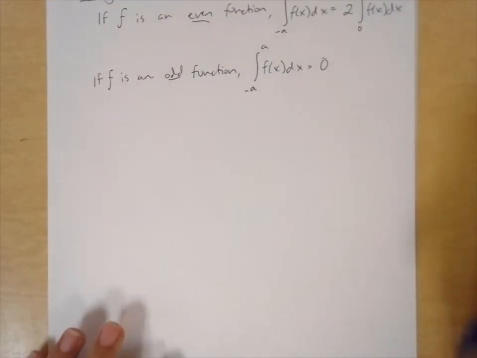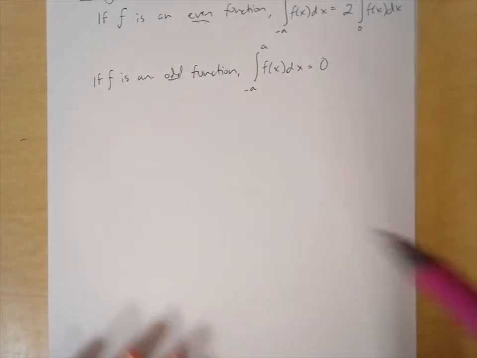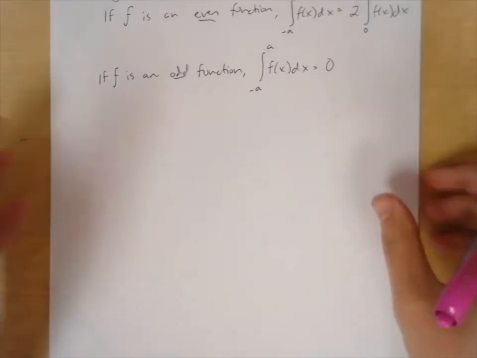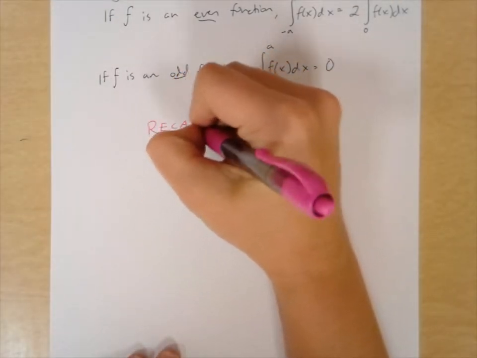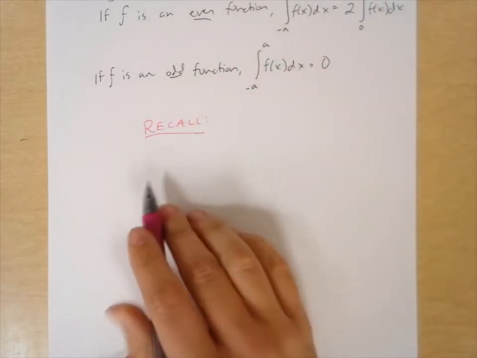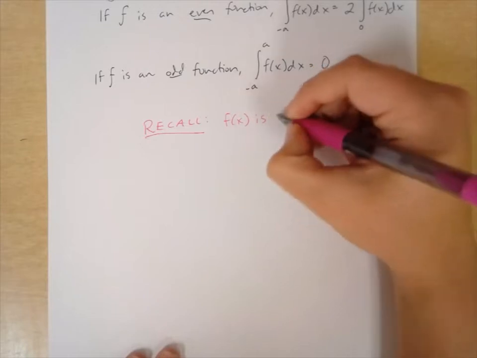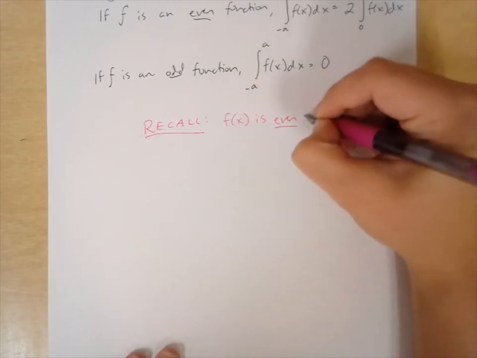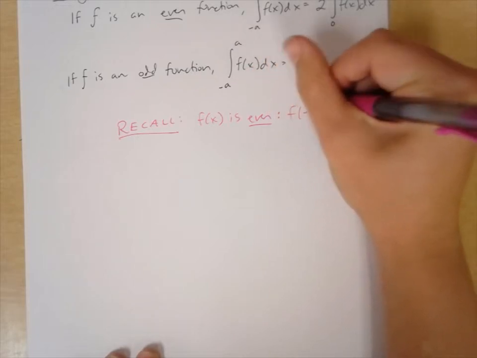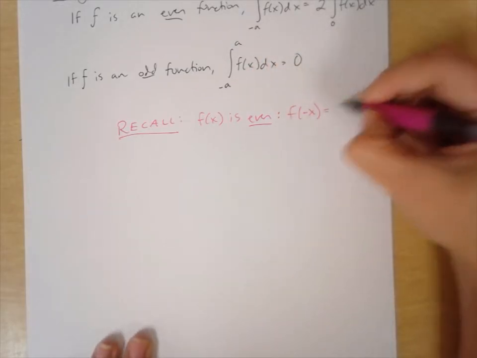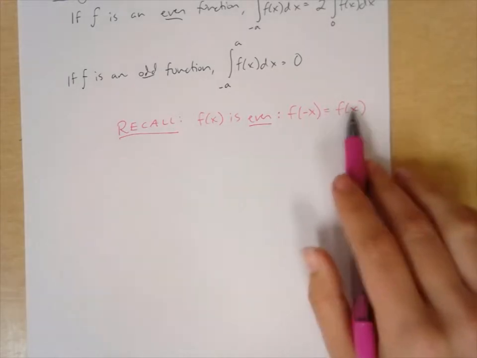And I want you to recall what even and odd mean, because I don't know that you would remember that. And I know we last reviewed it like the first week or two of school, so it's been a while. But here's what it means. F of x is even if the following thing happens. When we substitute in a negative x to our function, we should get a positive regular function.